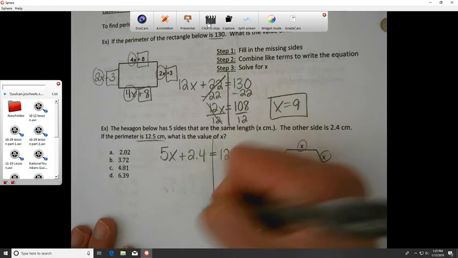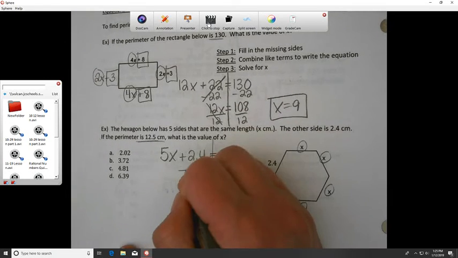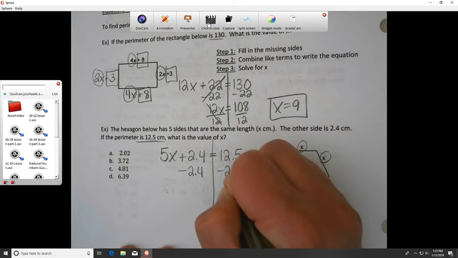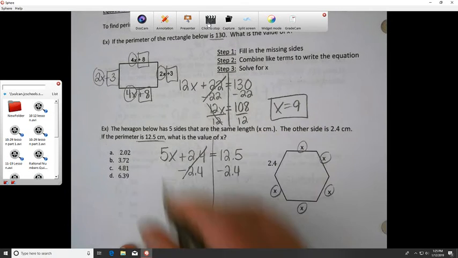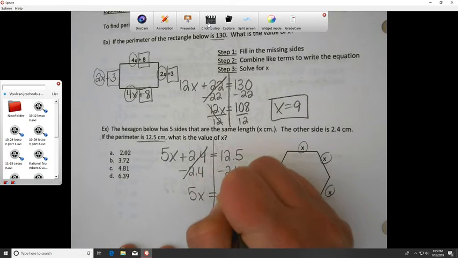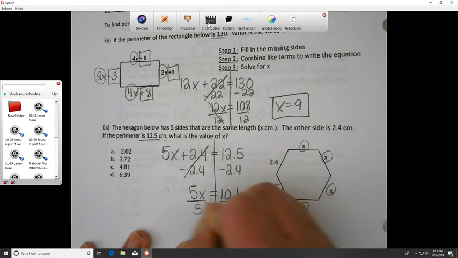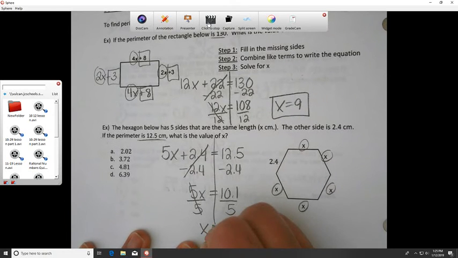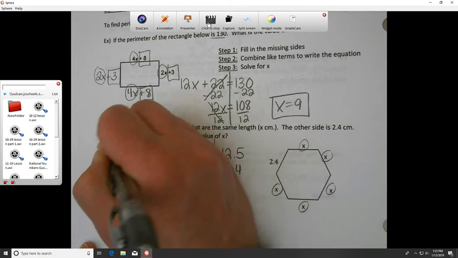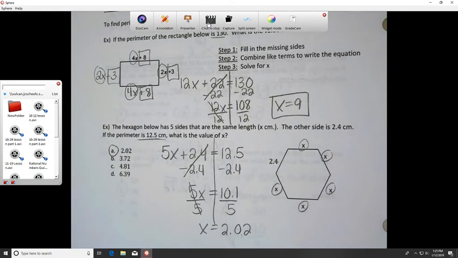Just like these other two-step equations, I'm going to subtract first, so minus 2.4 on both sides. So I get 5x equals 10.1, and then I'm going to divide both sides by 5, and I get 2.02, which is choice A.